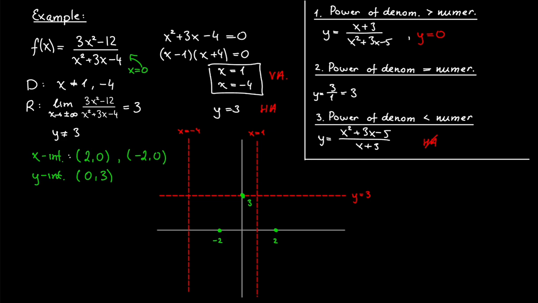A horizontal asymptote is just the value that the function approaches as x becomes bigger and bigger. Here, since we have two vertical asymptotes, the function is going to have a part that simply exists between these two asymptotes, between negative 4 and 1.